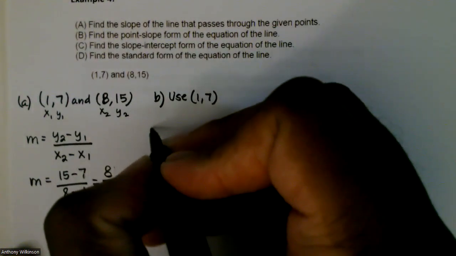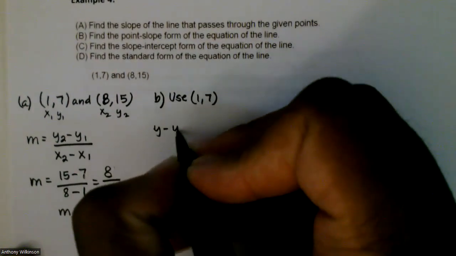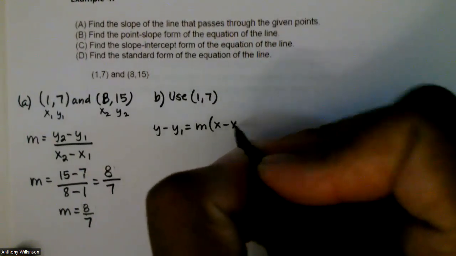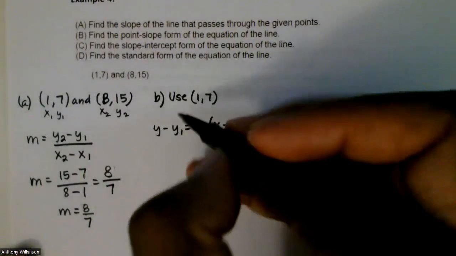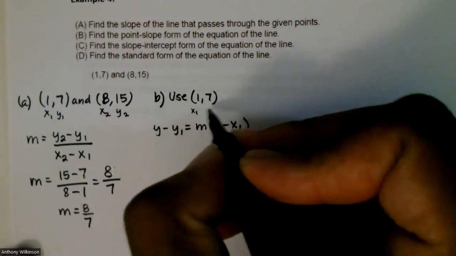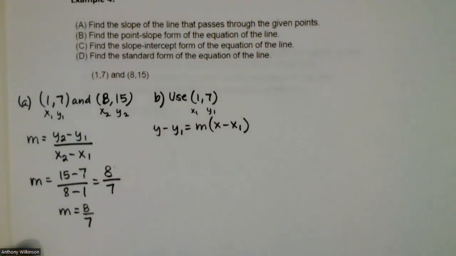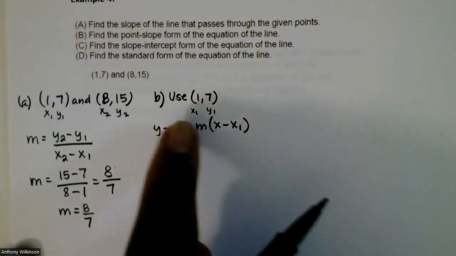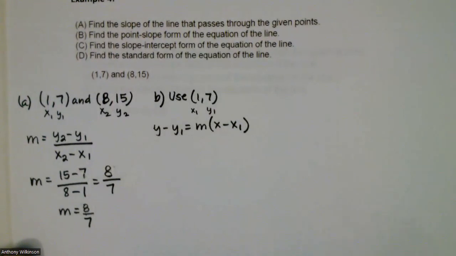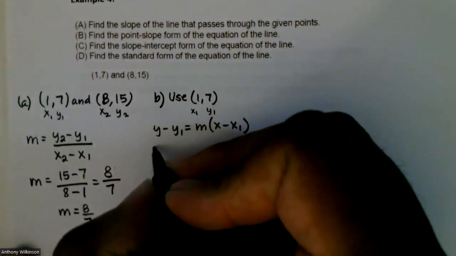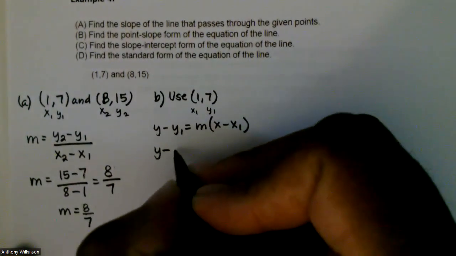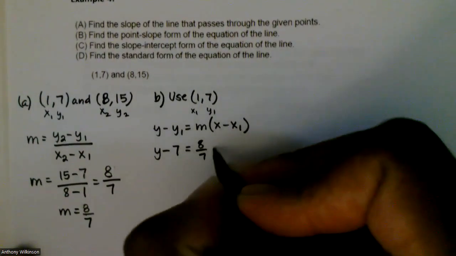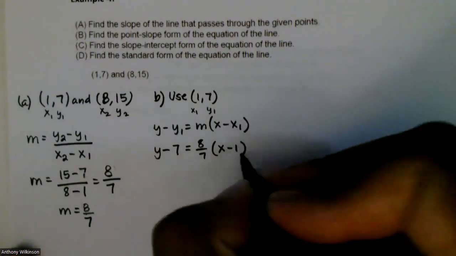And then use that in my point slope form. y minus y1 is equal to m, the slope, times x minus x1. So here x1 will be the 1 and the y1 will be 7. And substitute the m, which is 8/7, along with x1, which is 1, and y1, which is 7, in that point slope form. So it'll be y minus 7 equaling m, which is 8/7, times x minus x1.